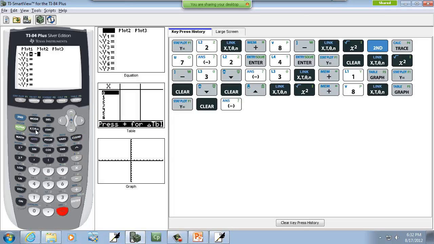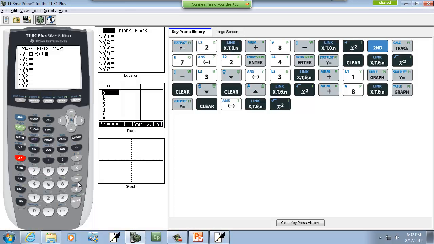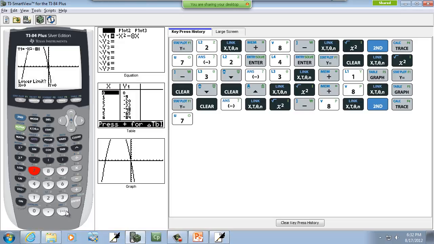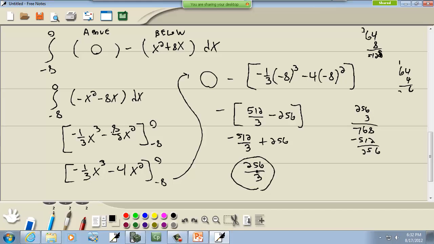Let's see, negative x squared minus 8x. And then I'll do second trace, choose my integral. Negative 8 and 0. 85.